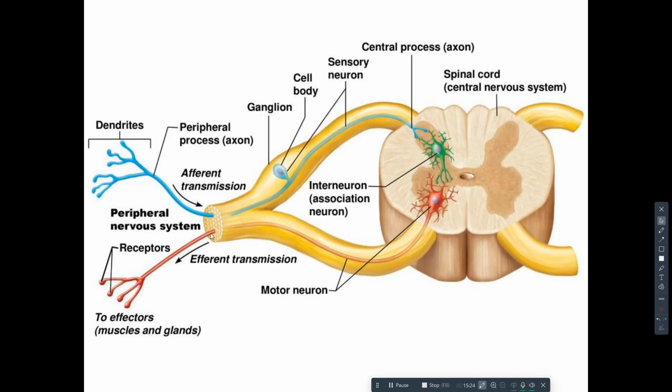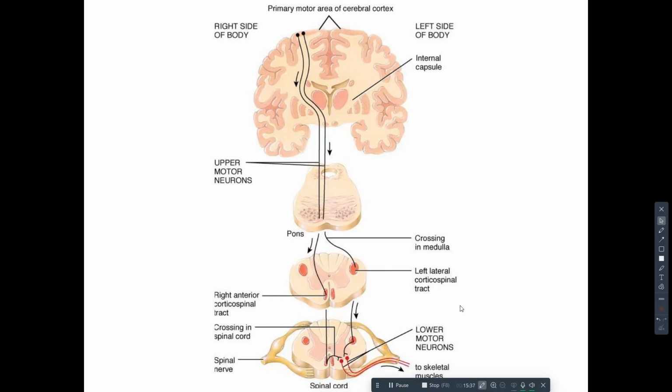Let's see if we have a picture here. Here I have a motor neuron in my spinal cord going directly to an effector, to a muscle or a gland. Now in this picture, I've got some upper motor neurons, a pair of them represented by these black lines here.